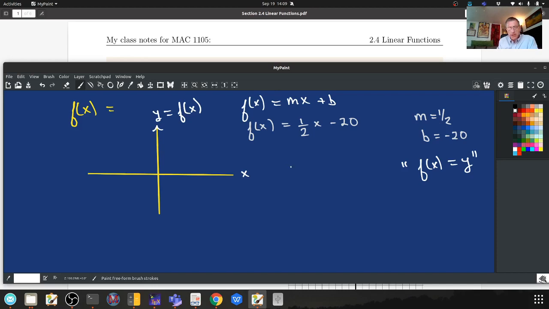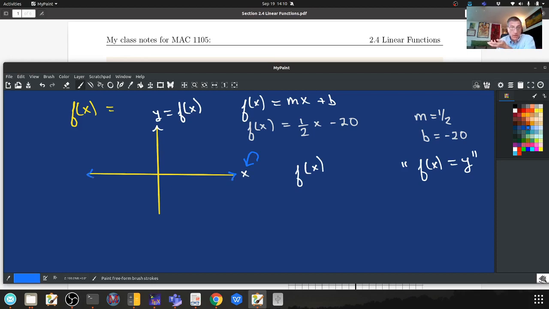The other thing I want to talk about really fast is f of x. The letter f just names the function. In parentheses you have your input variable, and the input variable is always going to come from whatever the horizontal axis is named.